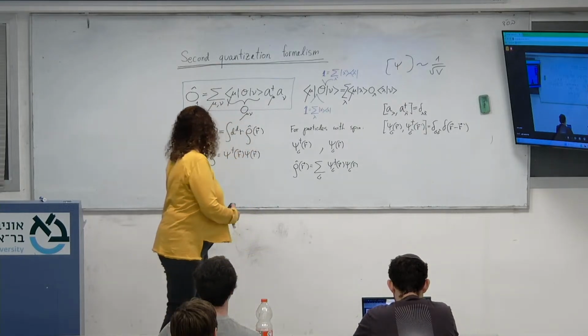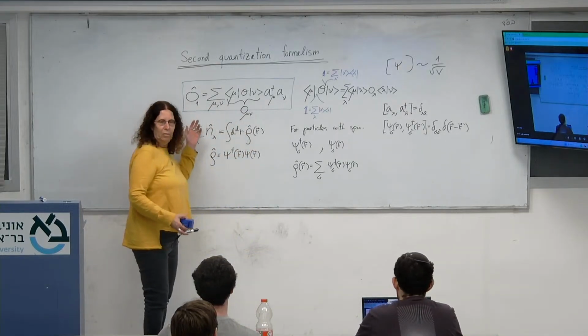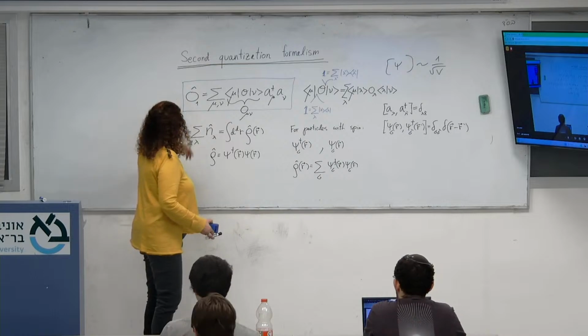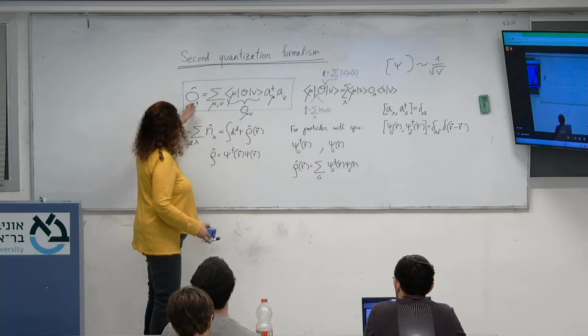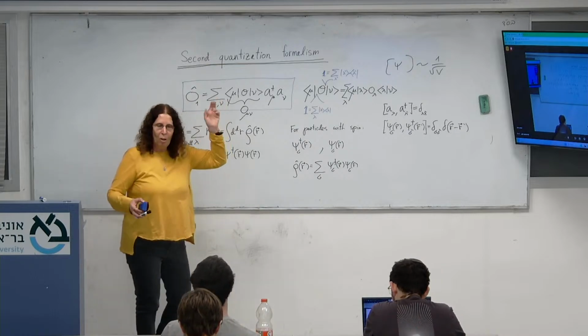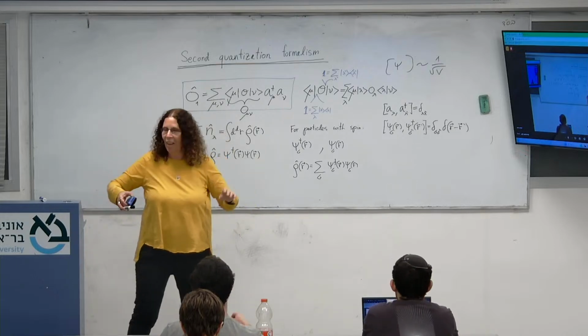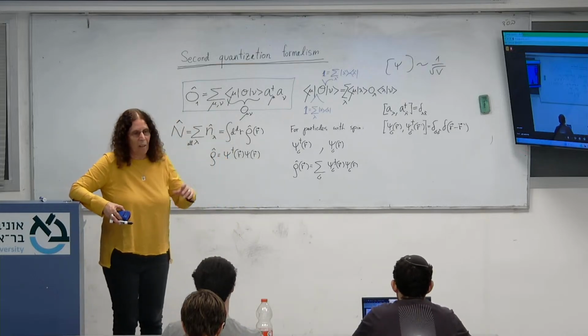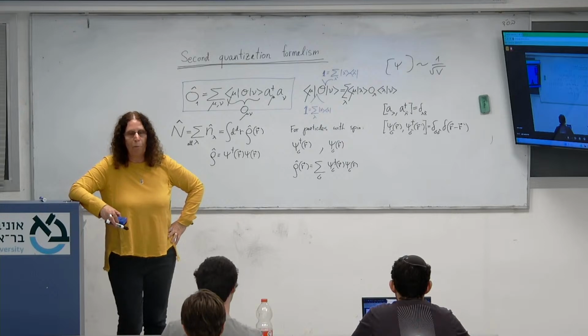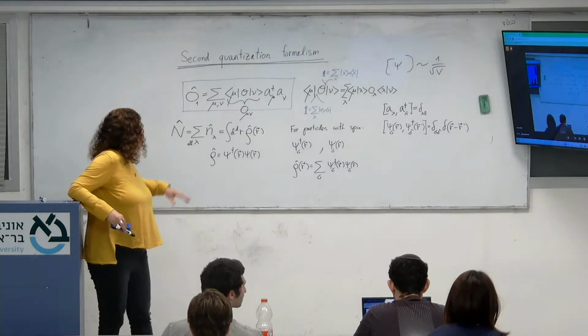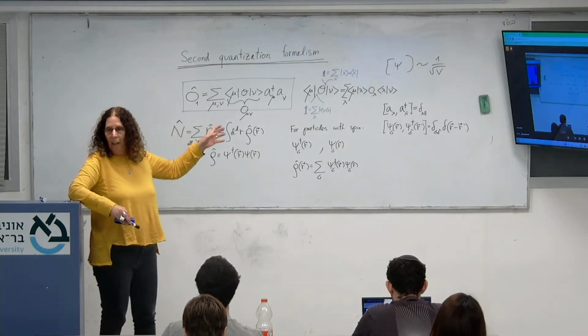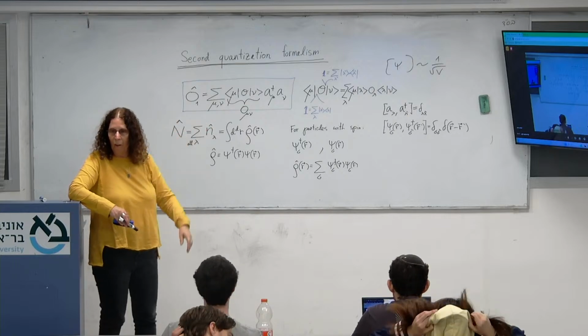So there can be more general operators that you can still, in a sense, call one-body, although it's not really well-defined in terms of number of particles, that are AA or A dagger A dagger, and similarly for higher order.